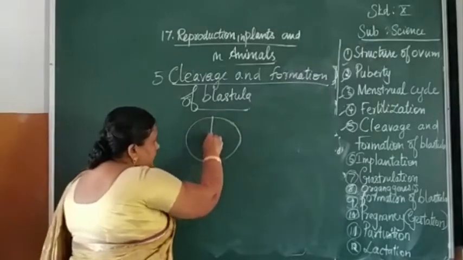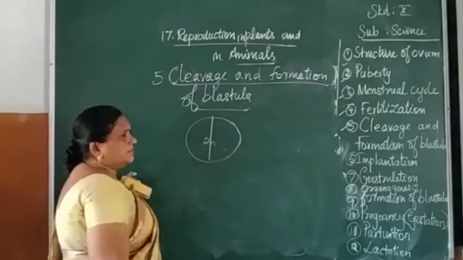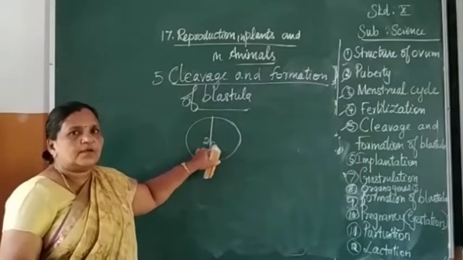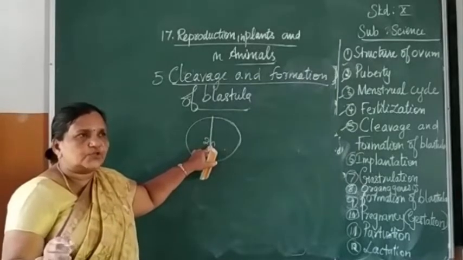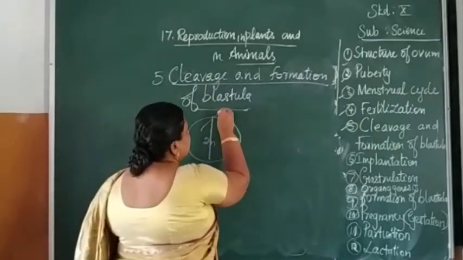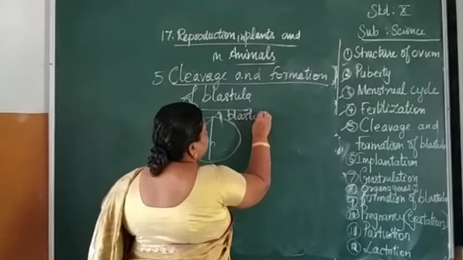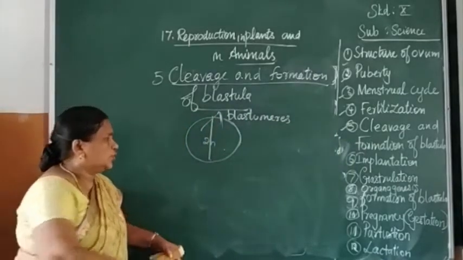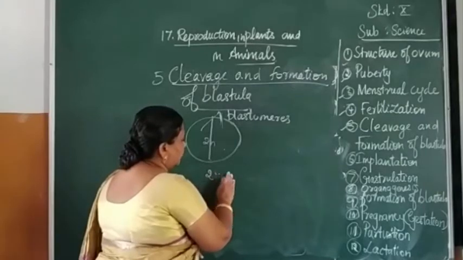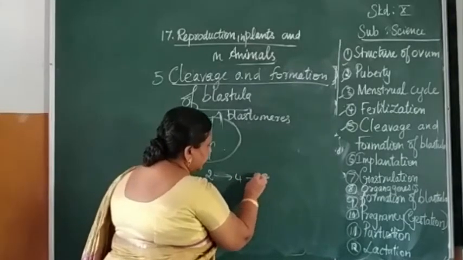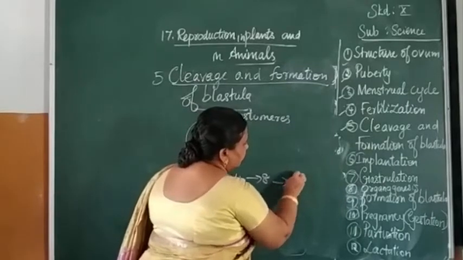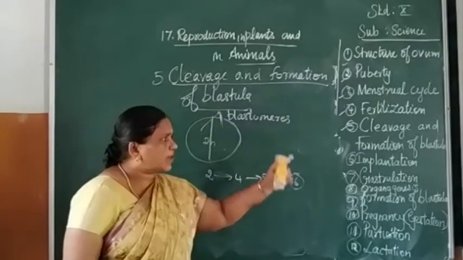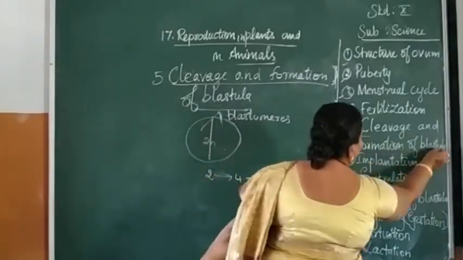It will undergo division, and we get two cells after the first mitotic division, multiple division. So one cell will be converted into two. Both these cells are called blastomeres. Now these blastomeres undergo several divisions: 2 into 4, then 4 into 8, 8 into 16. When it reaches the 16th stage of division, it is called the blastula. Here, the formation of blastula.